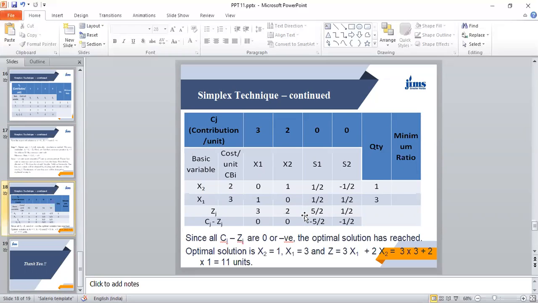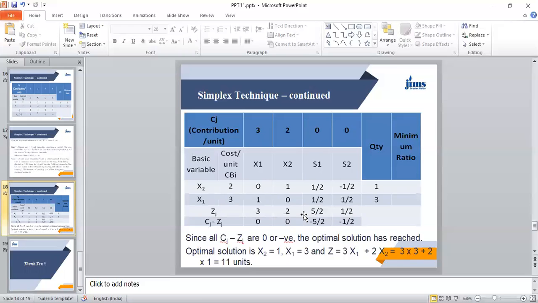So today we have learned how to transform the inequalities into equalities by adding surplus and slack variables, how to transfer the data into the simplex table, how to identify the net evaluation row, key column, key number, and how to carry out further iterations with the minimum ratio, and then improve the solution so as to arrive at the final solution.